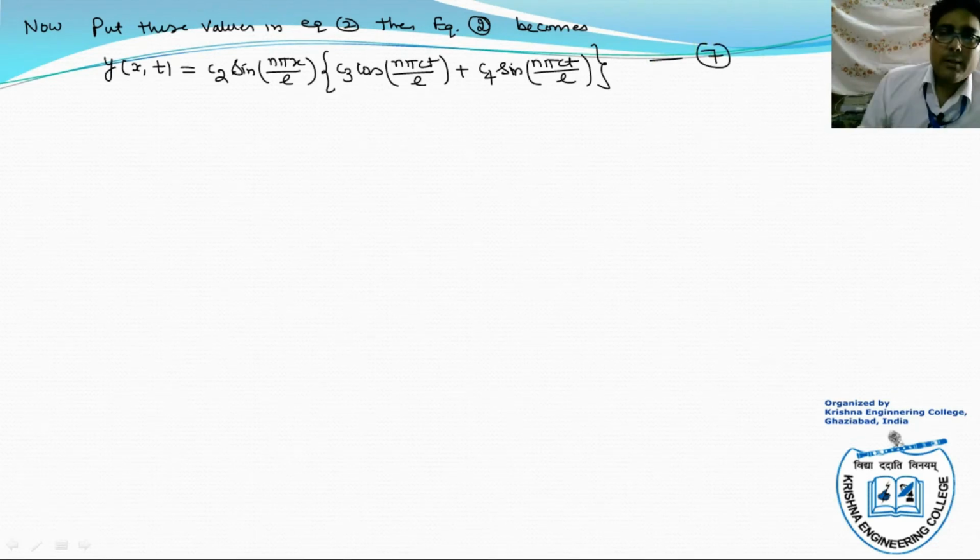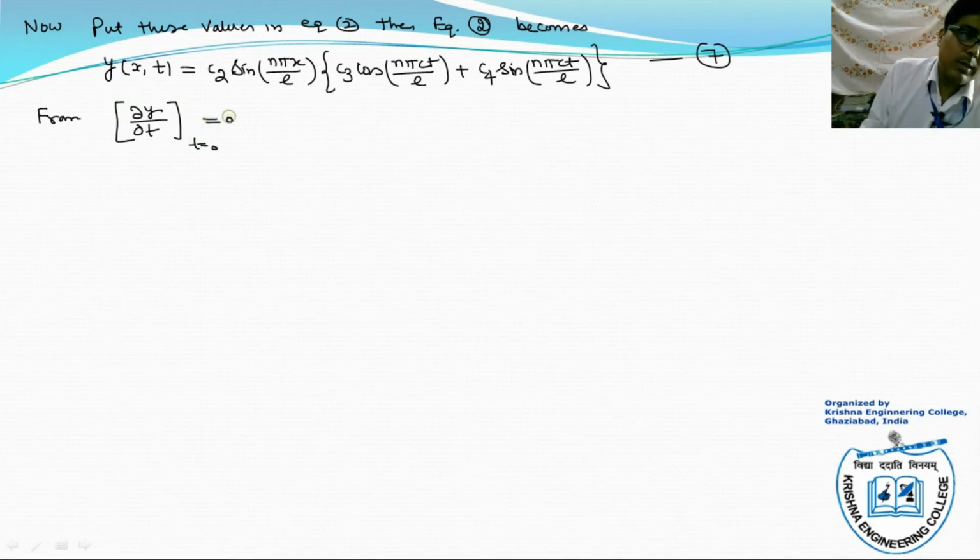Now we apply the initial conditions. First we apply the zero initial condition: del y over del t is equal to 0 at t is equal to 0. Clear? So differentiate equation 7 with respect to t.